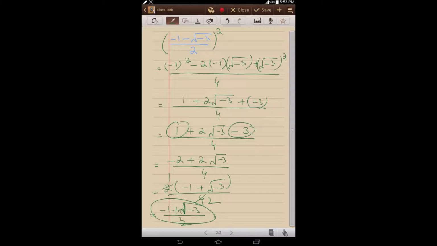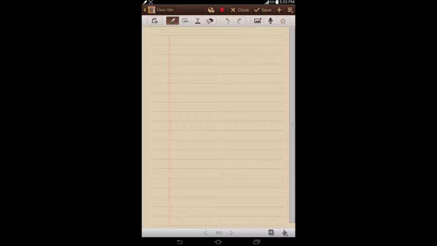Further, what we can do, let me write again. We have -1 plus √-3 divided by 2, and we have -1 minus √-3 divided by 2. So we have proved that the square of this one is equal to this one, and vice versa.